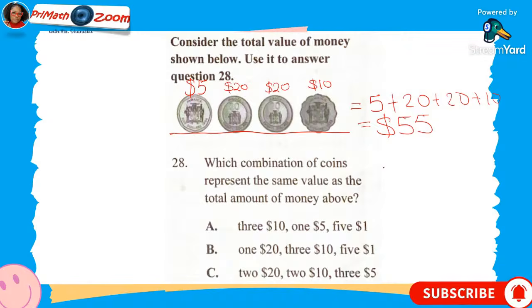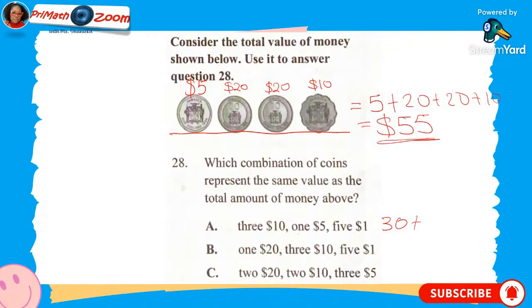Which of these combinations will also give you $55? That is what we're asking here. A, three $10 would be equal to what? Three $10 will be equal to $30. 3 times 10, right? And one $5 would be equal to what?